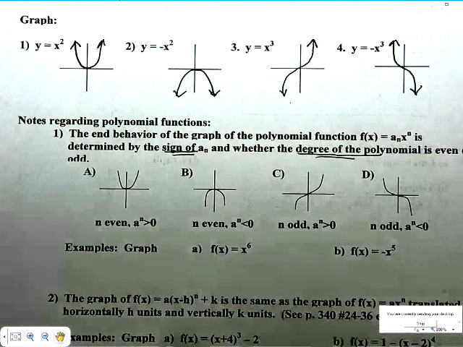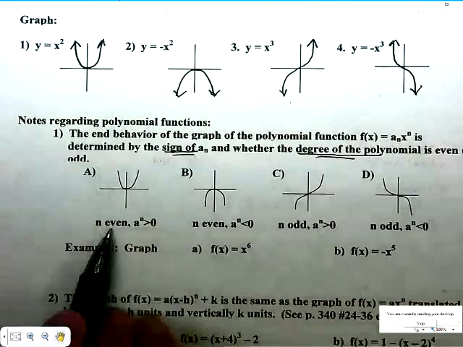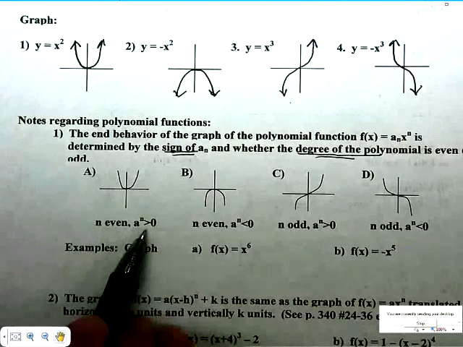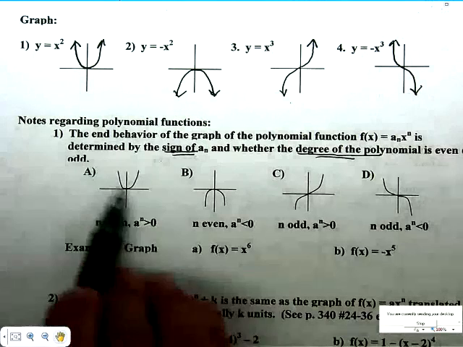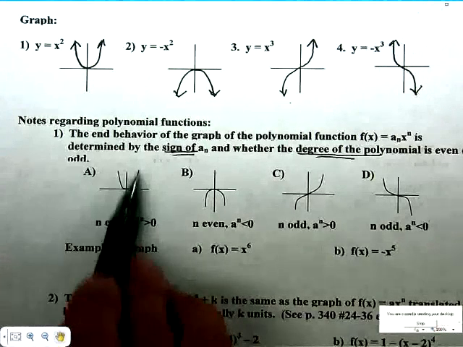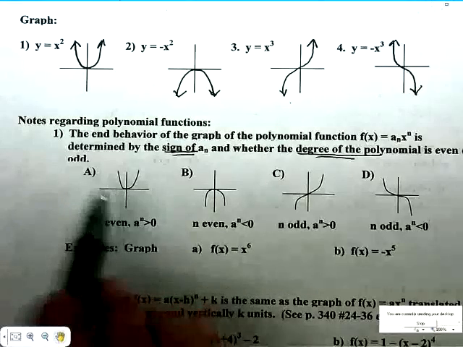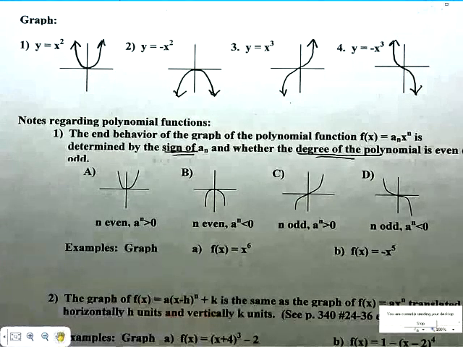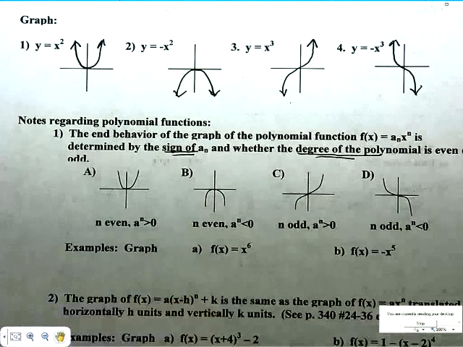It turns out that any even degree polynomial with a positive coefficient pretty much looks like x squared. So this could be x to the 6th or x to the 8th or x to the 22nd. The higher the exponent is, the faster your y's are going to get big, so the more narrow it will be.